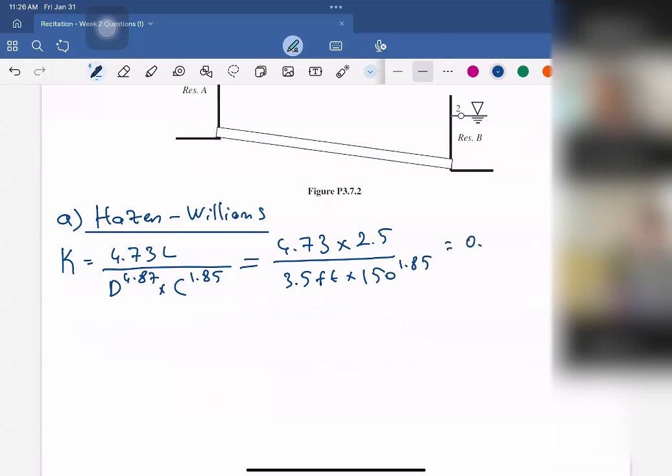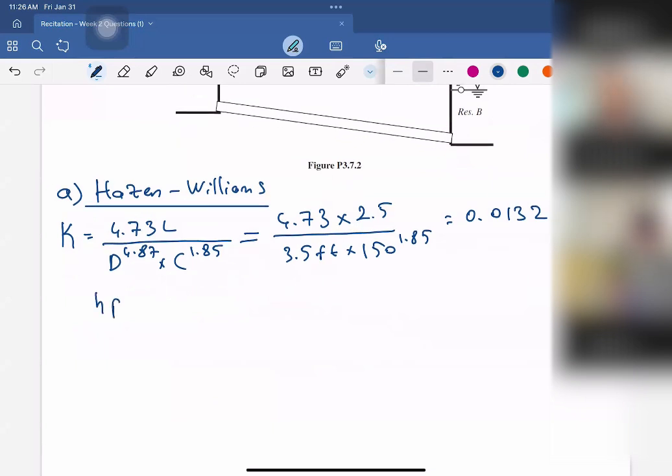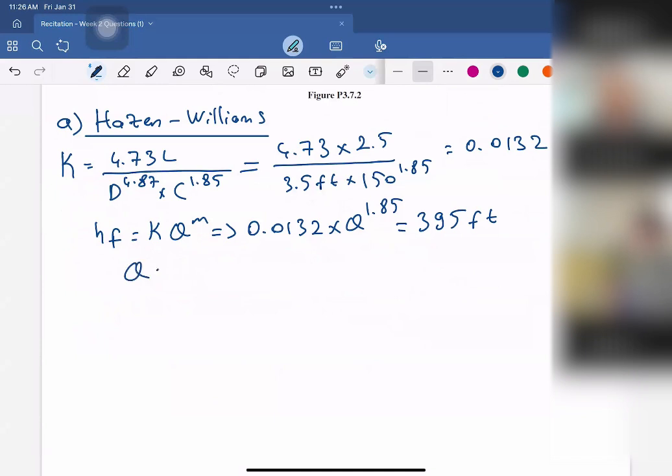So from here, we can get K as 0.0132, and head loss was equal to K times Q to the power of 1.85, and the head loss was 395 feet. And this gives Q as 263 cubic feet per second.